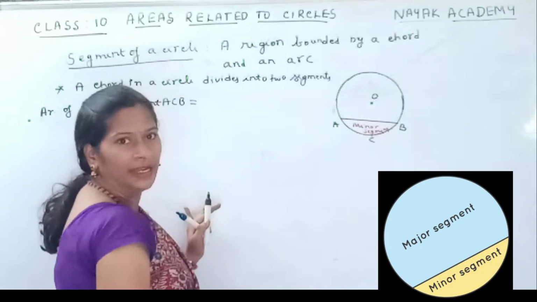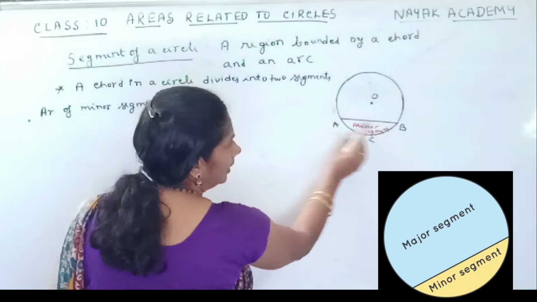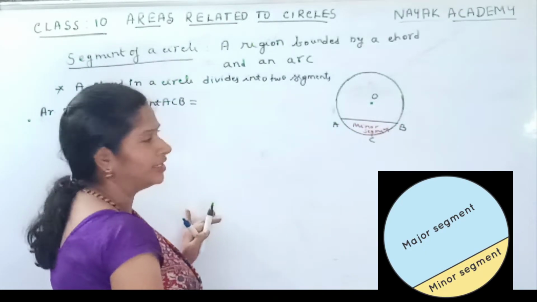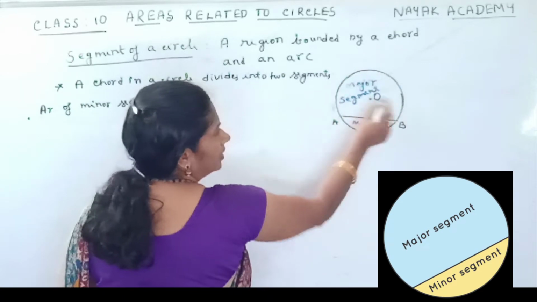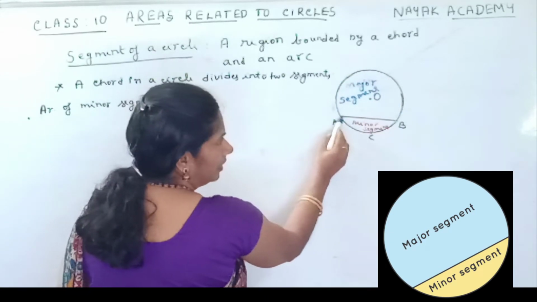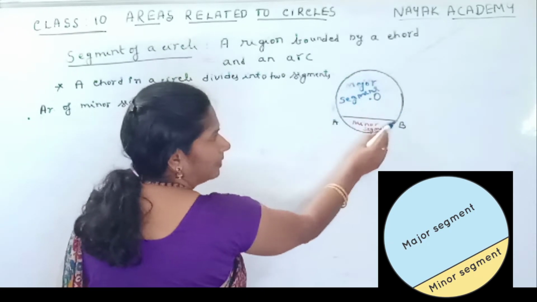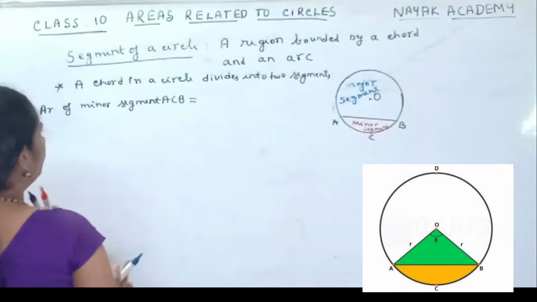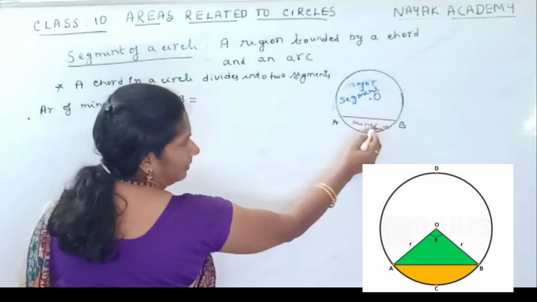ACB is a minor arc and ABC, this region we call it as minor segment. So this region is called major segment, and a region bounded by a chord and minor arc is called minor segment.